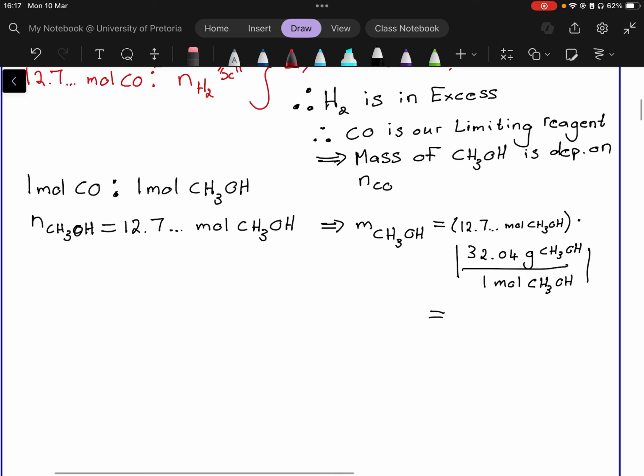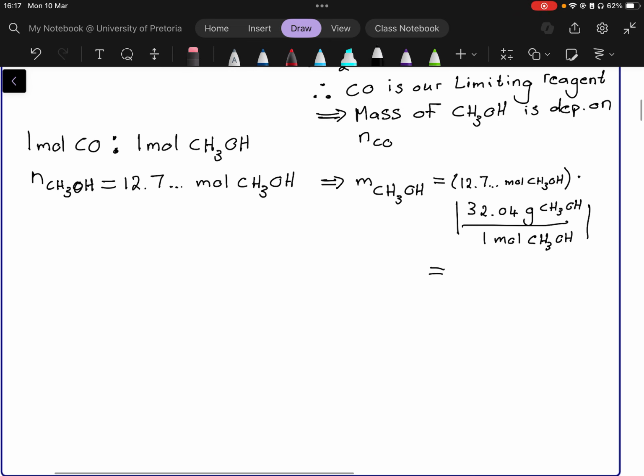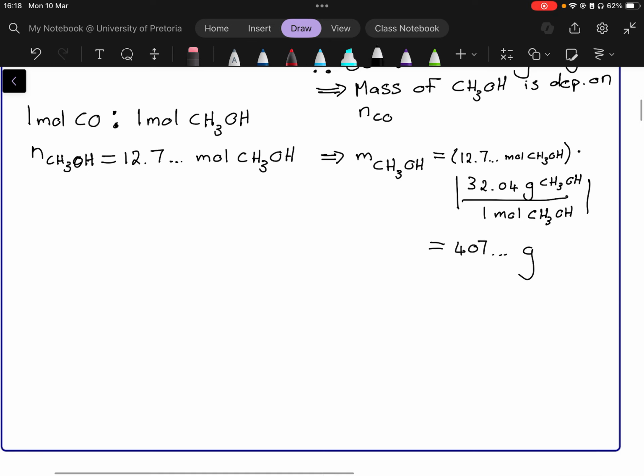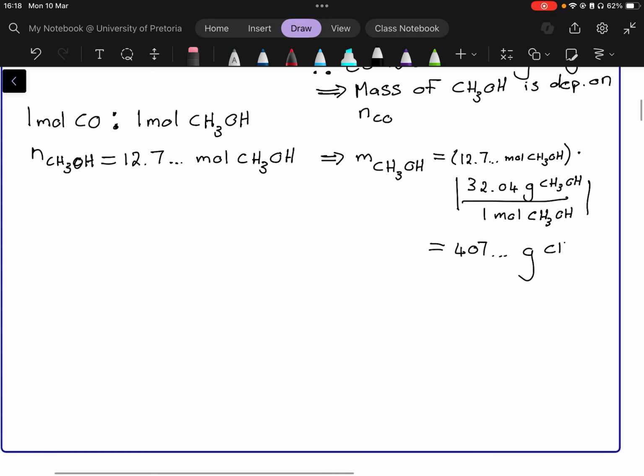So multiply there, and that will give you a mass of 407 and some numbers there, gram CH3OH. Okay.